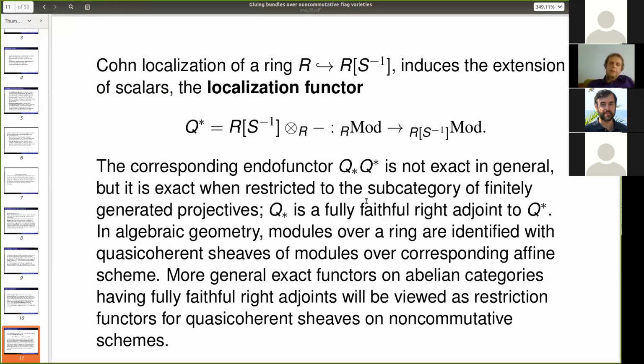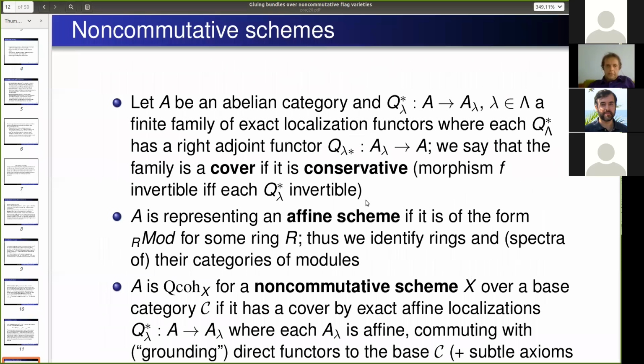Again, this functor is one of those functors which I explained before, the functors which are tensoring by a bimodule. And it has its right adjoint. And we will play with such functors.